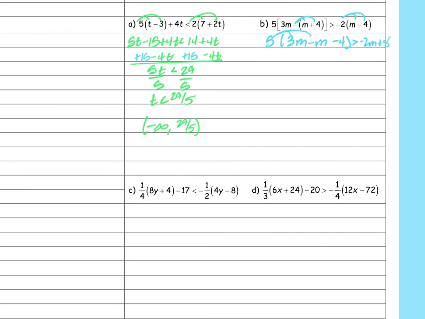I'm going to distribute the 5: 15m minus 5m minus 20, negative 2m plus 8. So add 2m. Add 20.